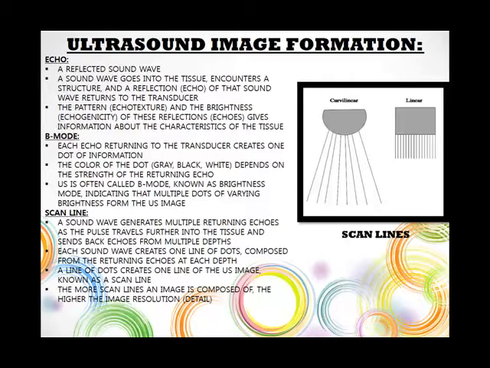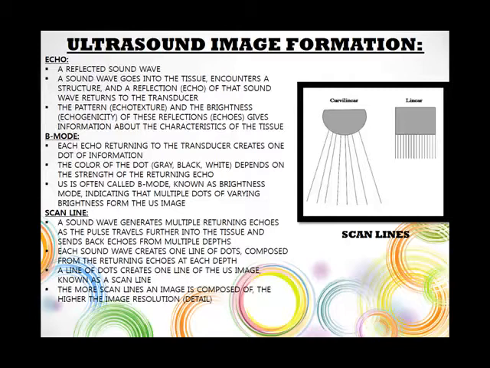If it encounters a really weak reflector, you're going to get a not very bright dot. So the brighter the dot, the stronger the echo. And we learned that anechoic means no echo, hyperechoic means a really strong reflection, hypoechoic means a really weak reflection. So your dot on here corresponds to all these different shades of brightness.